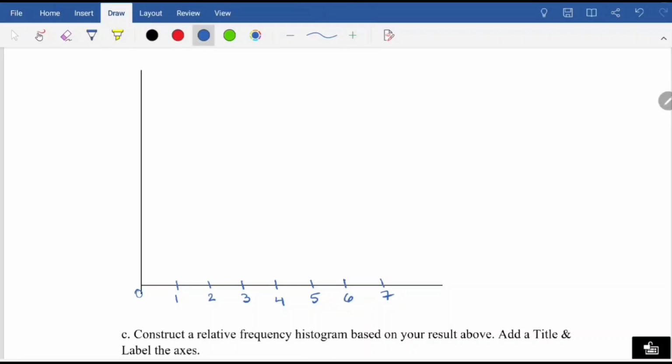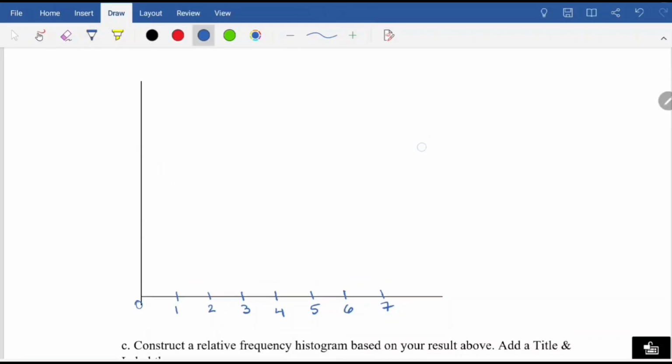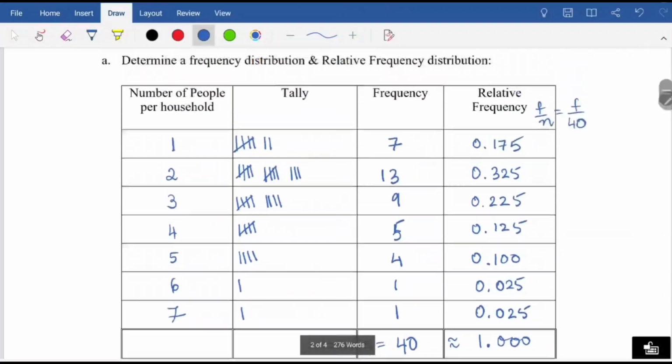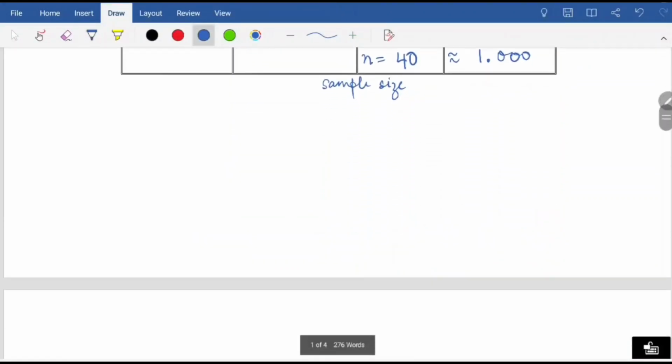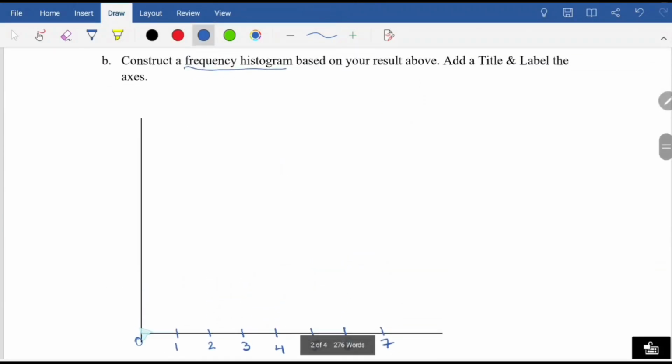All right. Now for our y-axis, we have to look at the values in our frequency. All right. So the lowest value in our frequency is a 1 and the highest value is a 13. Right. So if the highest mark on the y-axis is a 15, from 0 to 15, that should be able to cover all these values, right? So start from 0, and I'm going to make it intervals of 3.